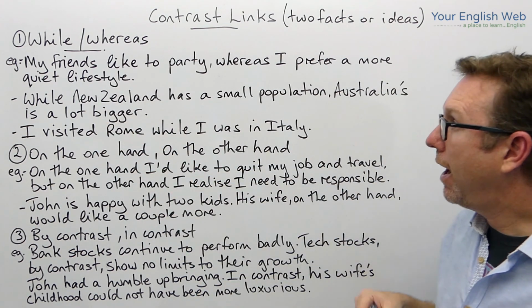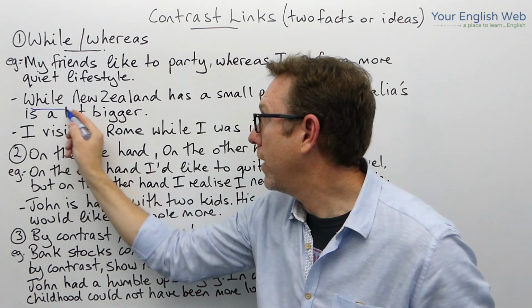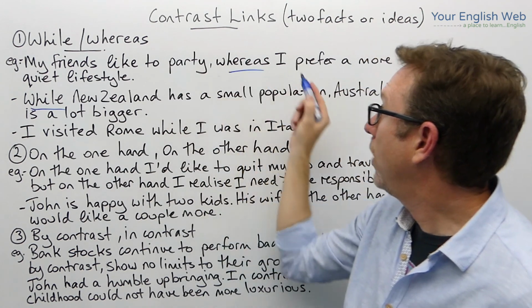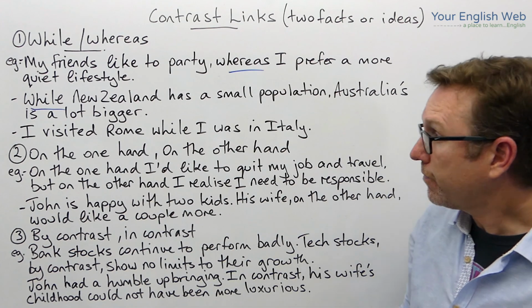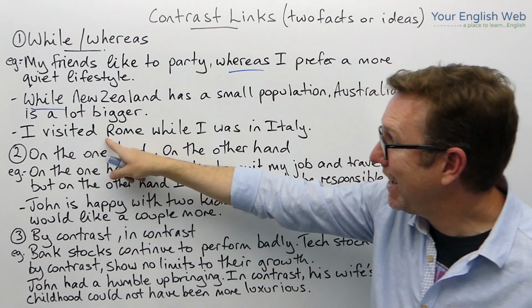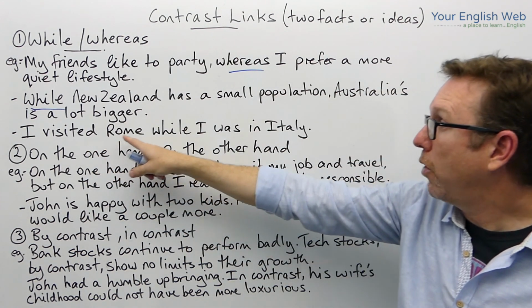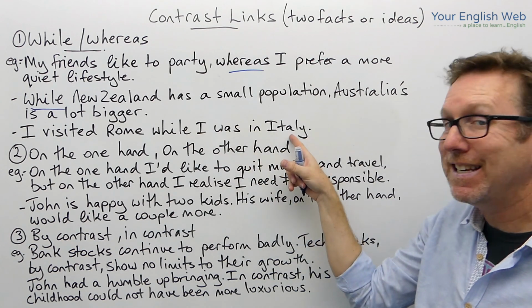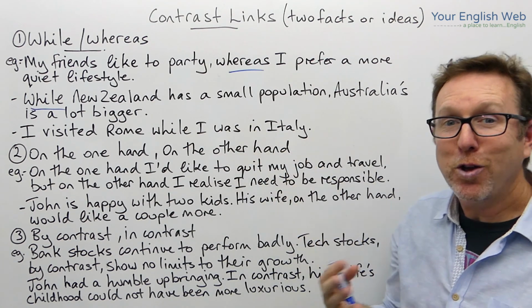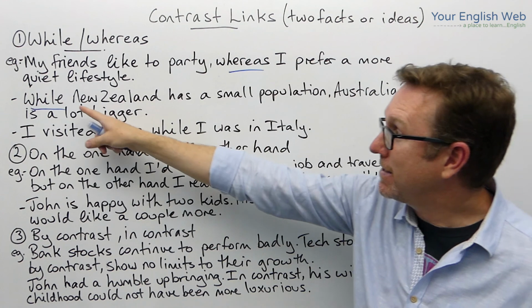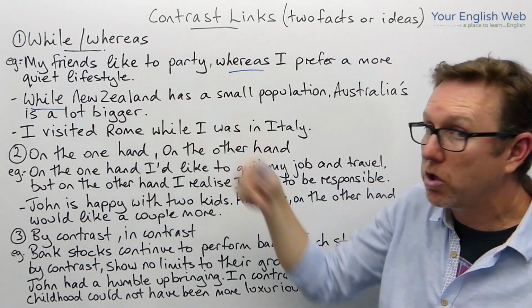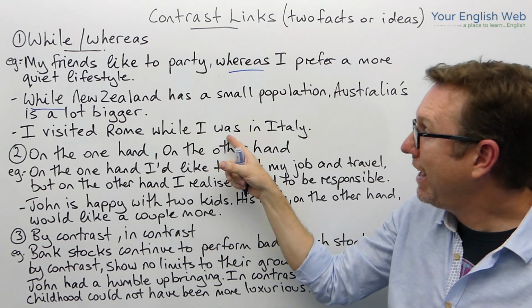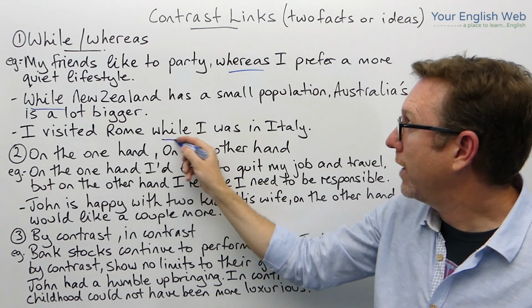So we'll just highlight those options that we have here, while and whereas. We can interchange the two, as I said. Now this third sentence here, I visited Rome while I was in Italy, okay? We're not using while in the same sense as we are here, okay? Here we're using while and whereas to contrast, but here it means during, okay?